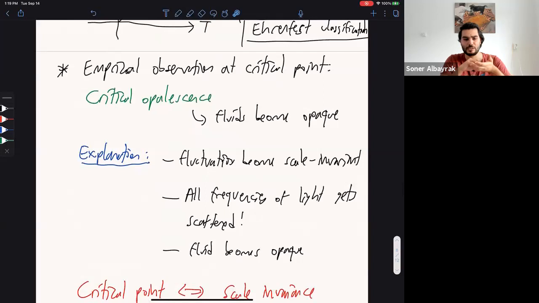But why do we get this opalescence? The explanation is that the fluctuations become scale invariant at the critical point, meaning that there are fluctuations at all kinds of scales, all kinds of frequencies. So any frequency of light basically gets scattered, hence making the substance opaque.